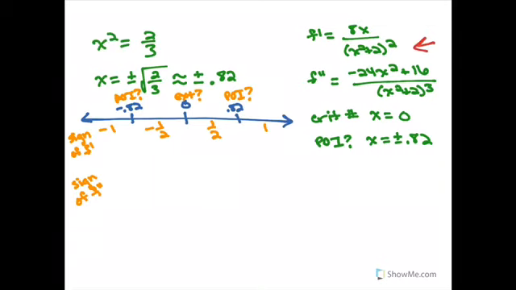No. I got some quantity, and actually that quantity can't ever be negative, but whatever that quantity is, if I square it, it's always going to be positive. So I only care about the sign of the numerator. If I plug in negative 1/2, I'm going to get a negative numerator divided by a positive, so we have negative, this is decreasing. If I plug in the positive 1/2, we're going to get a positive numerator. It's increasing. So we have a minimum at 0.